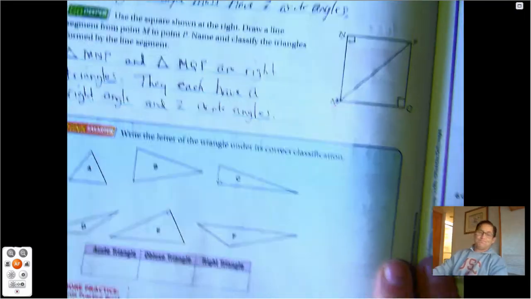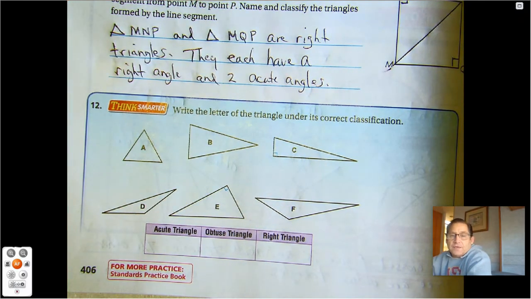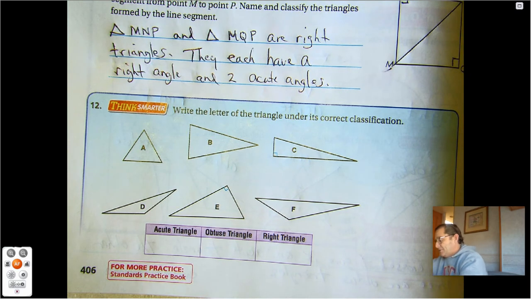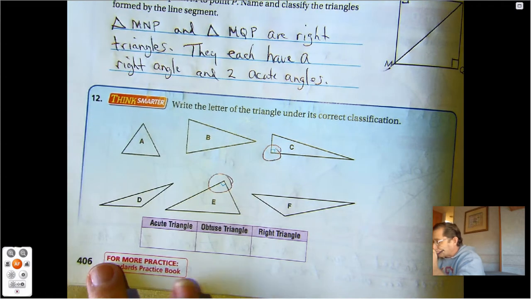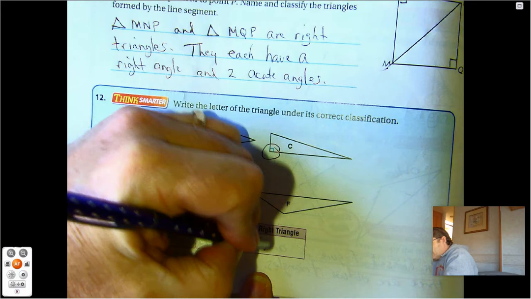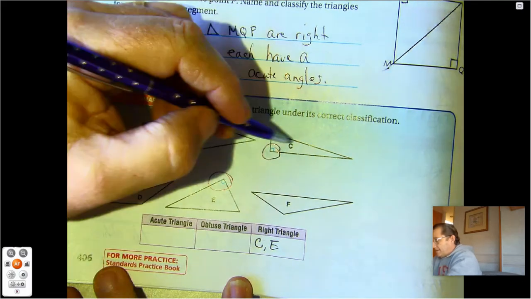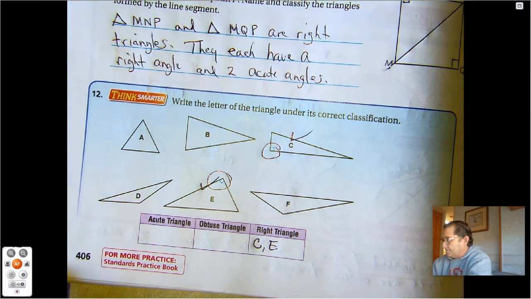All right. Number 12. Write the letter of the triangle under its correct classification. All right, so I see two that are the easiest ones to identify. So we have triangles C and E are right triangles.